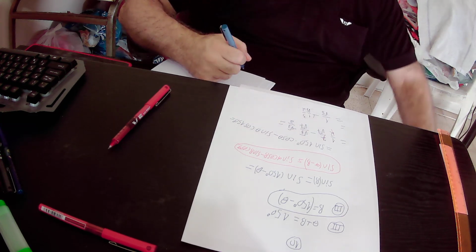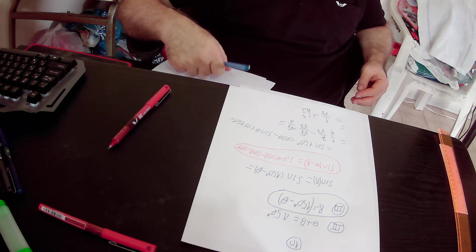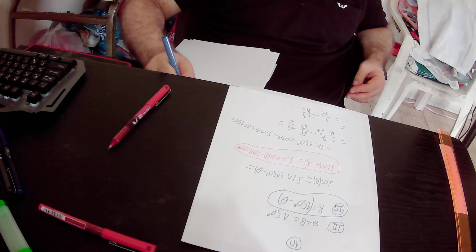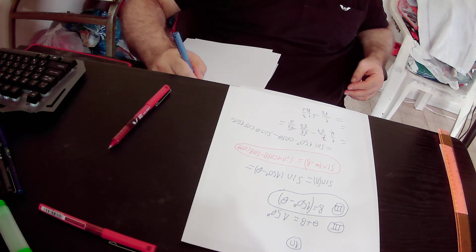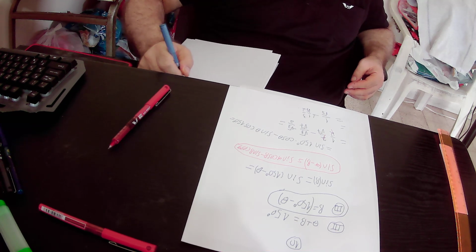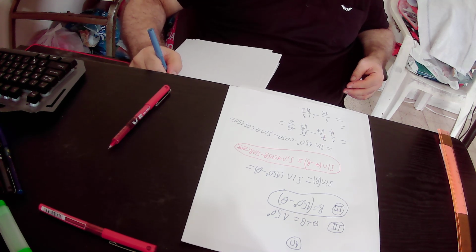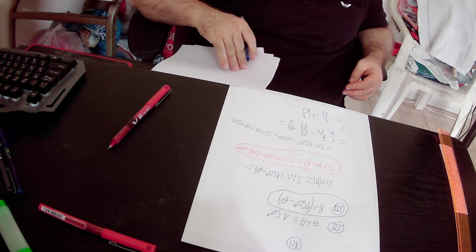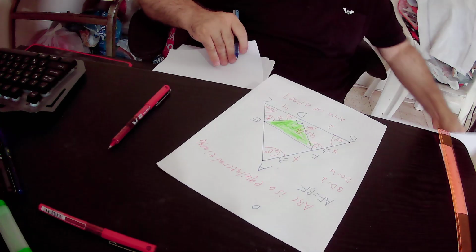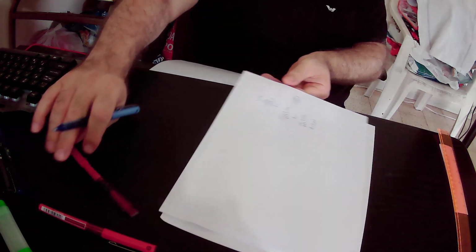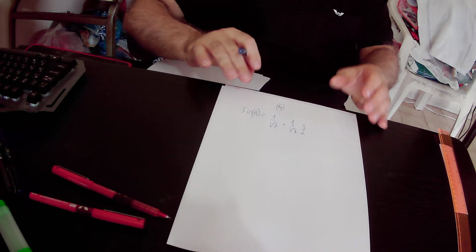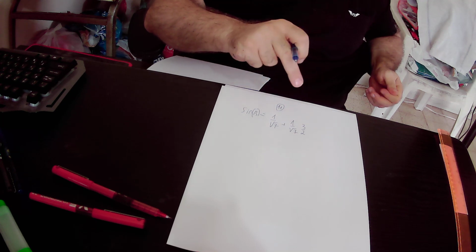So the value of sinus beta equals 1 over root 7 plus 1 over root 7 times 3 over 2.